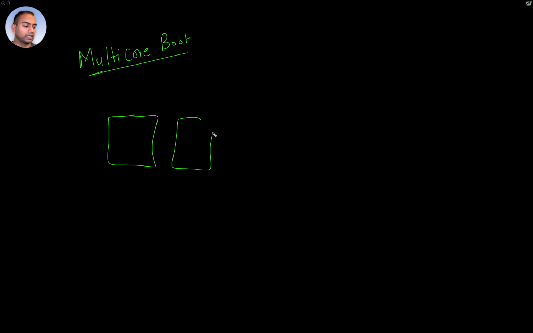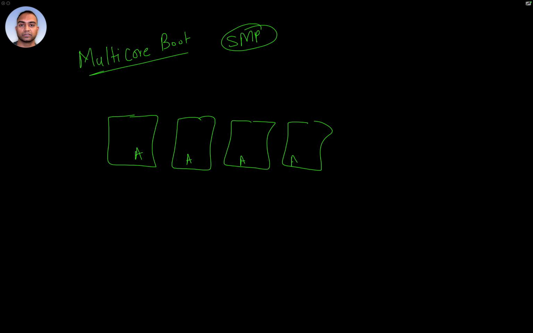Now let's take a look at what happens in the case of multi-core boot. So you have A-class CPUs of the same type or the same architecture, let's say. And this situation is called SMP, symmetric multiprocessing.